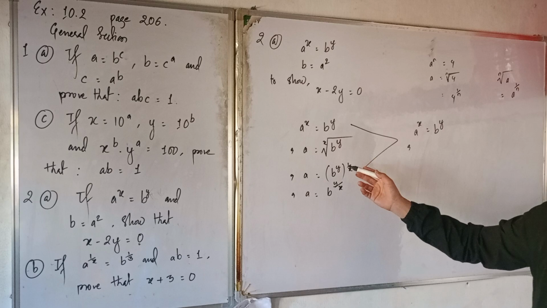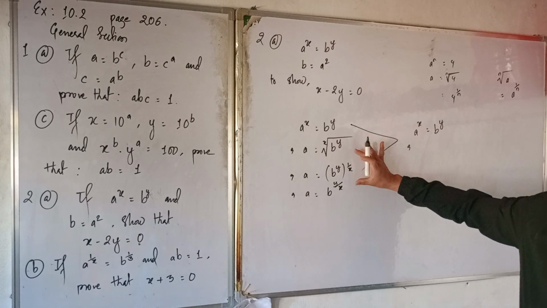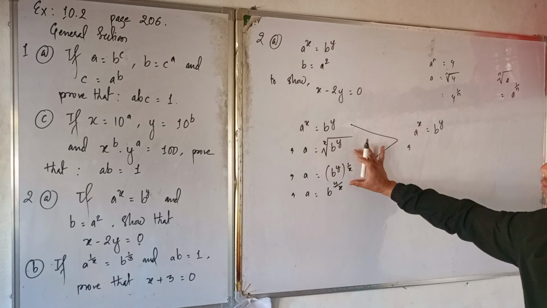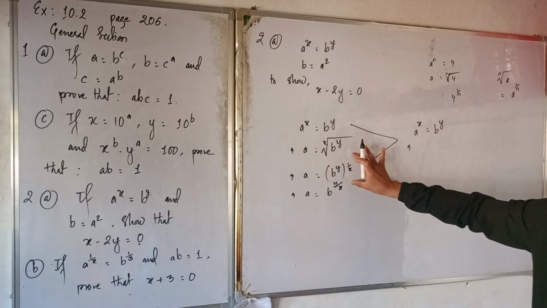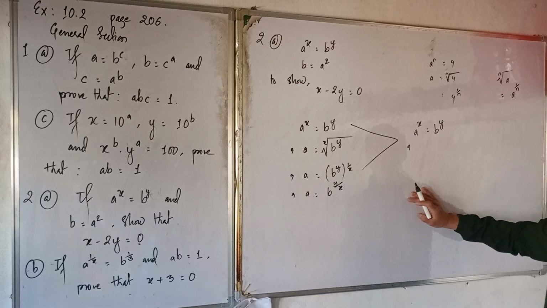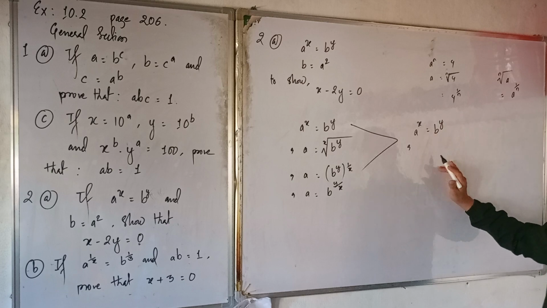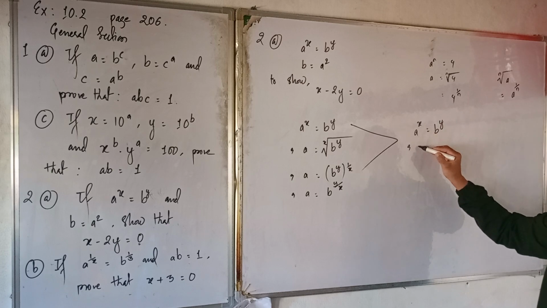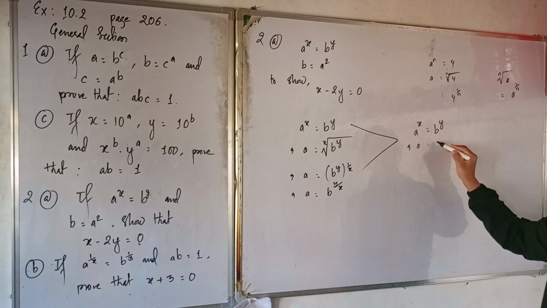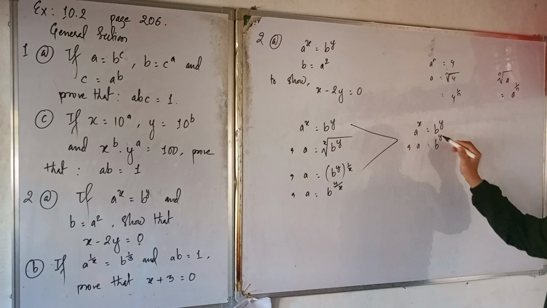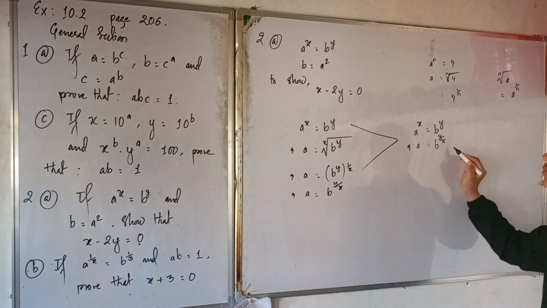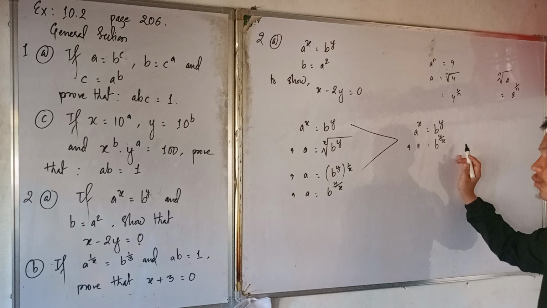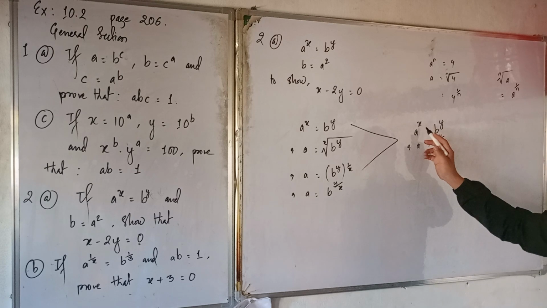It will be better for some of the students, if you don't understand, just go in this way. It might be lengthy, but it will make it easy to understand. You will know the laws, the rules. If you already know the rules, you can directly assume that when this power is moved to the other side, this power will go into the denominator of the other variable's power, just like we do in cross multiplication.